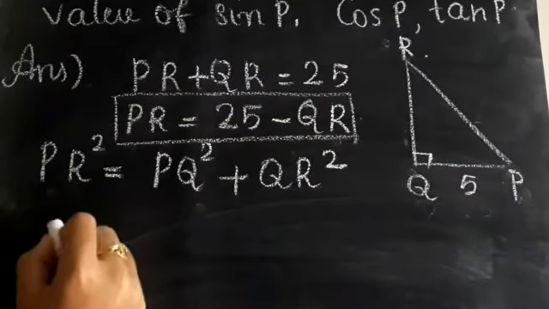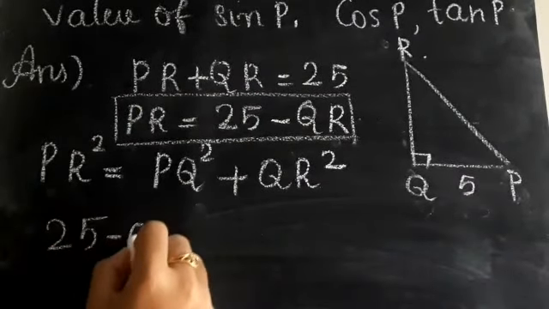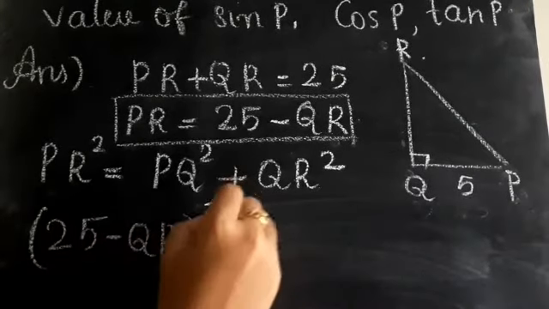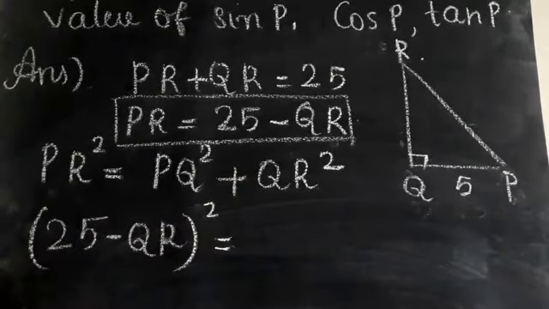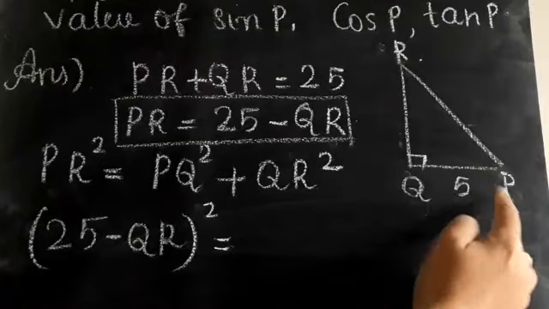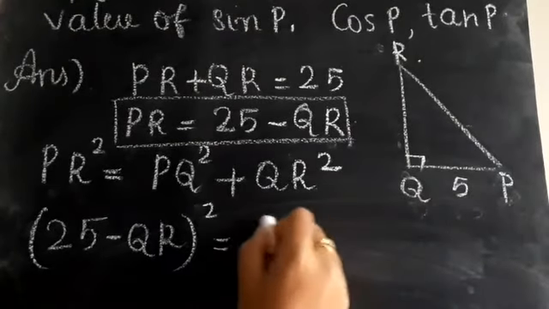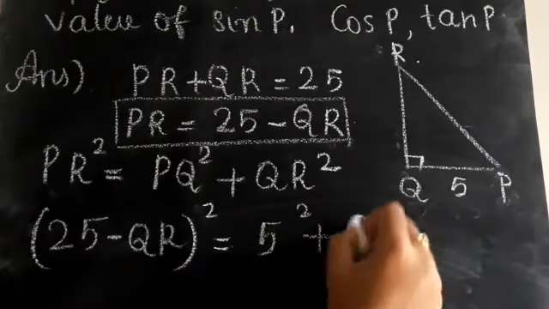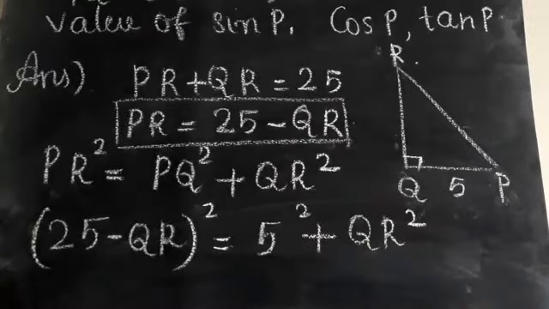So in the next step I am writing 25 minus QR the whole square is equal to PQ square, the value of PQ is given, 5 square, plus QR square.